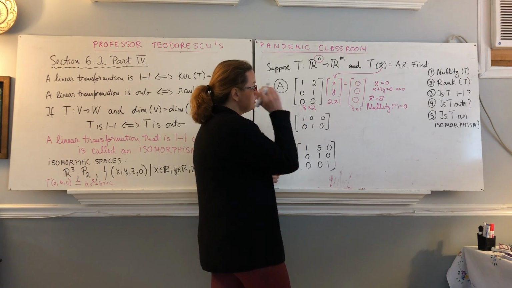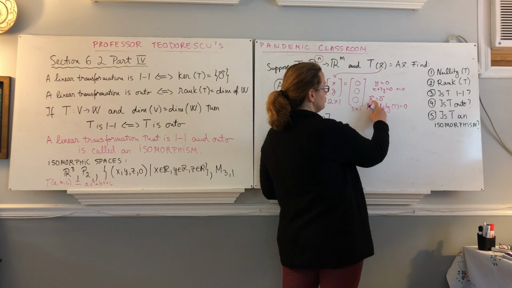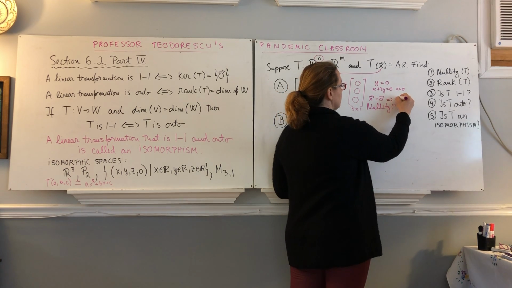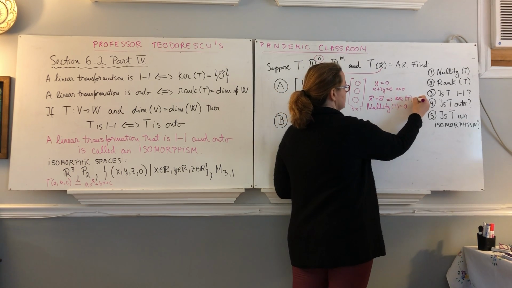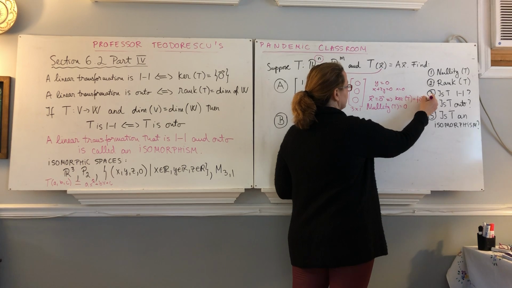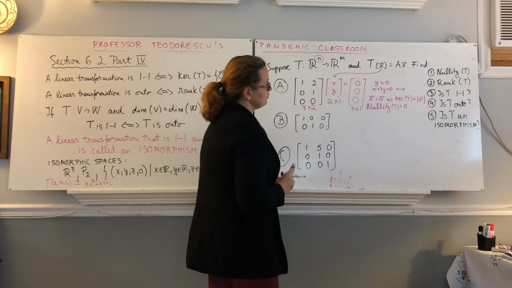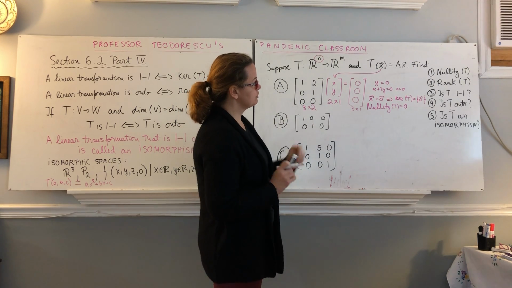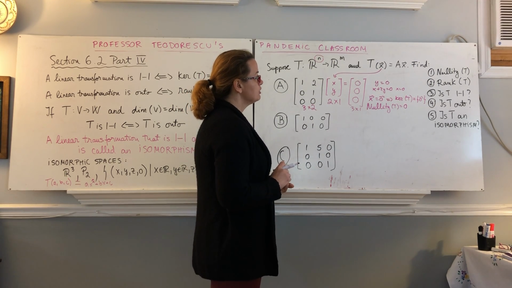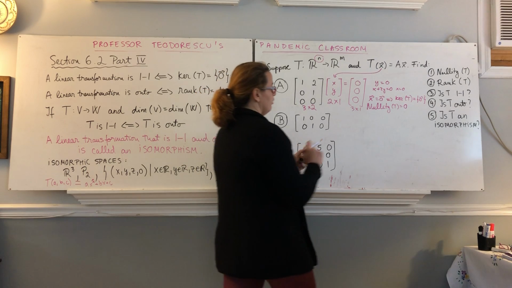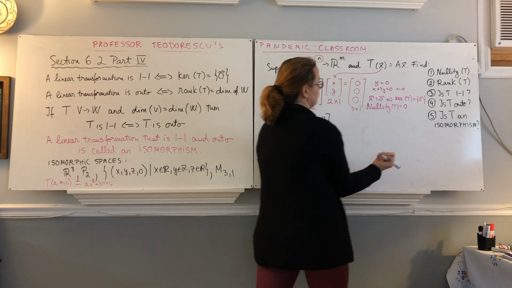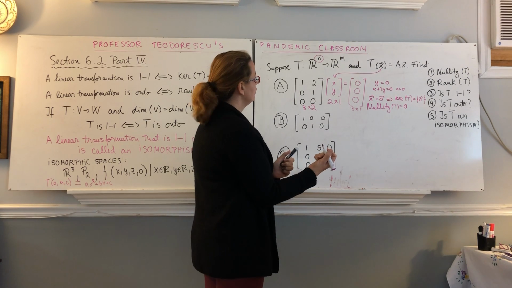So because the only solution to this equation is the 0 vector, the kernel of T is equal to only the 0 vector. So only the 0 vector gets sent to this three-dimensional 0, 0, 0. So the nullity is 0.